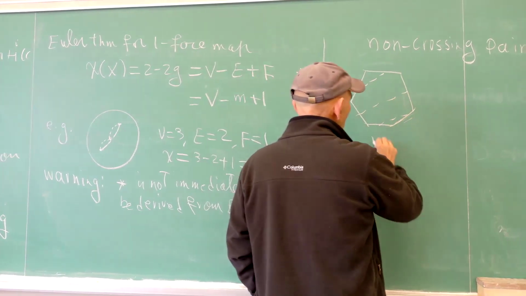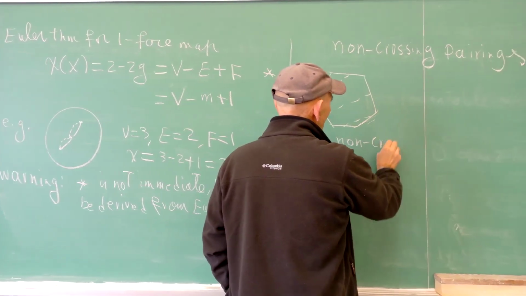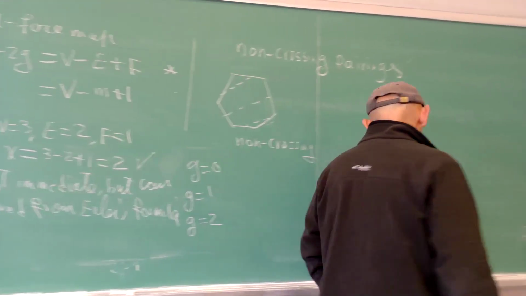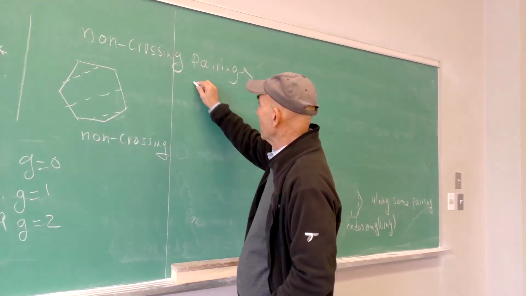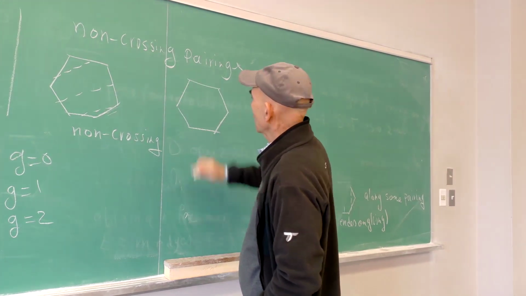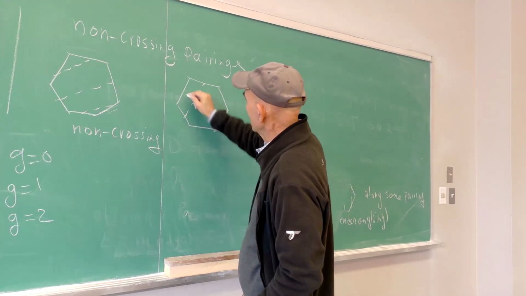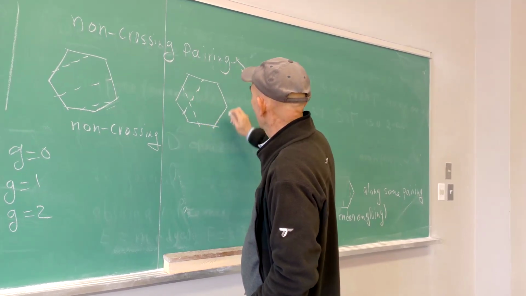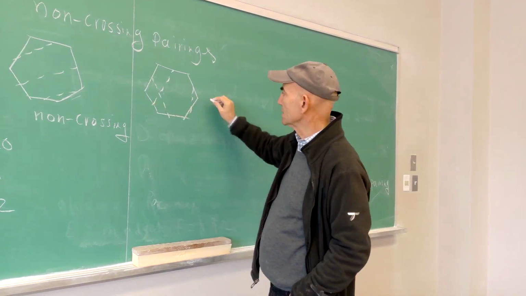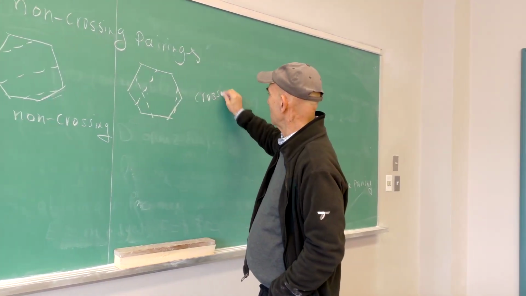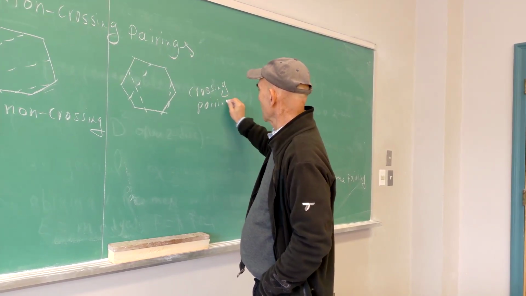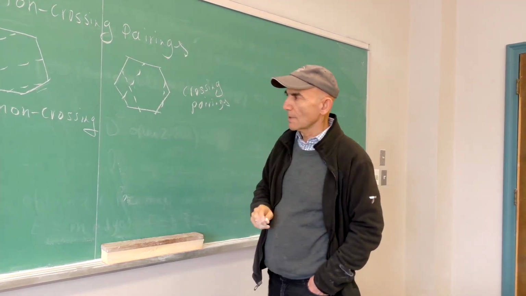So this is non-crossing. But some pairings can be crossing over each other. Like this one, it goes over this and this. So these two cross each other. So these are crossing pairings.